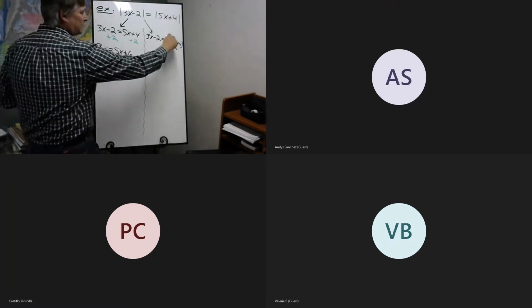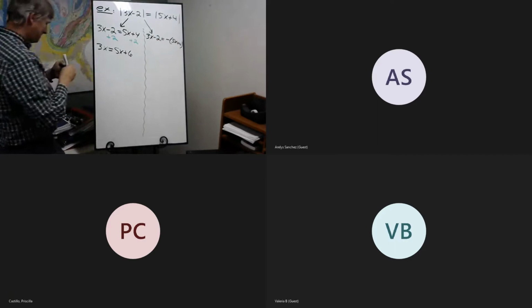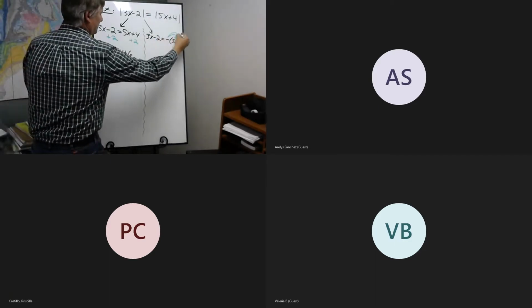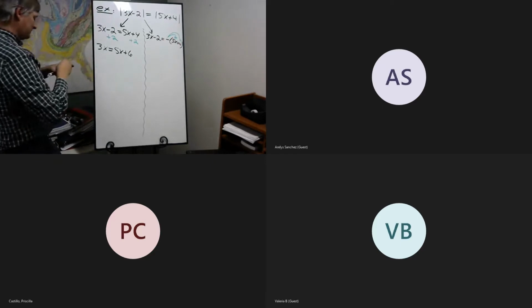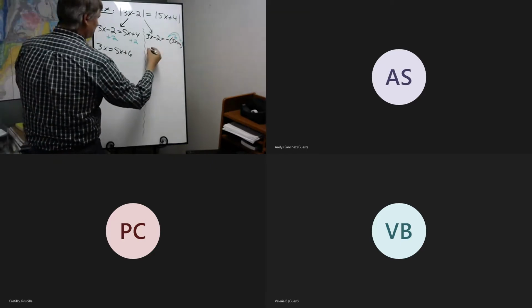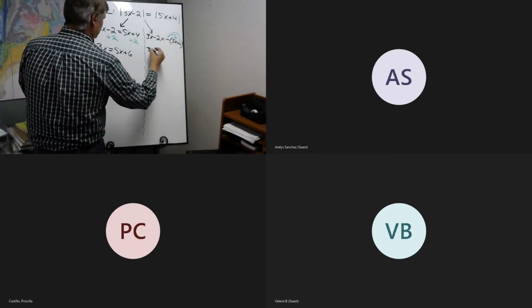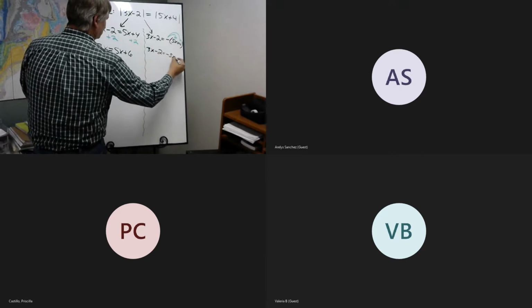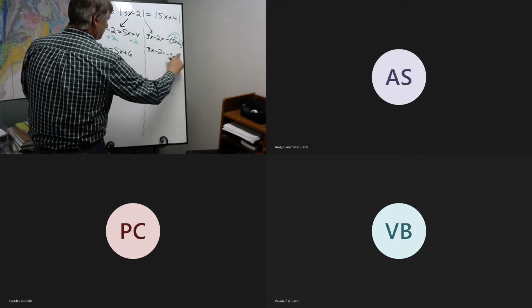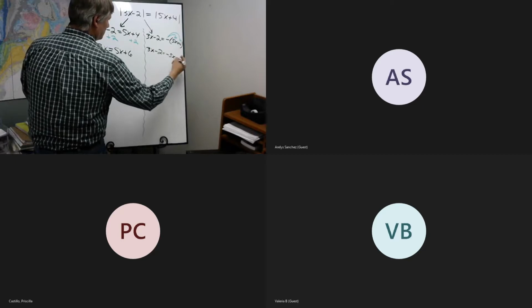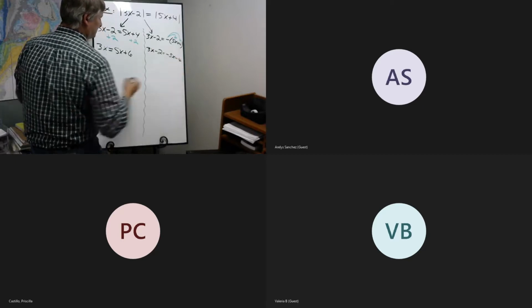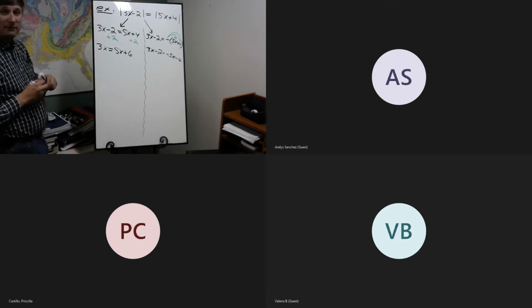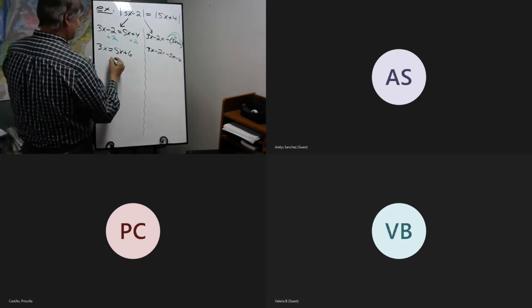Over here, I am going to distribute the negative sign. Now on this side, I could subtract 5x from both sides.